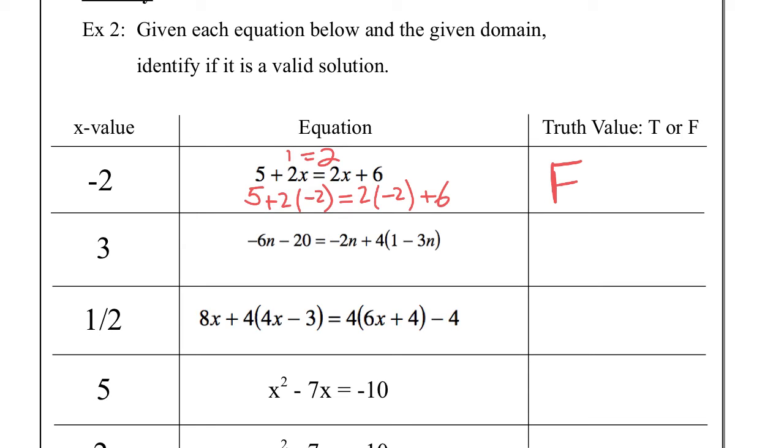For our second equation, I'm going to substitute in a 3. And obviously, we're eventually going to learn how to solve these. This is just identifying whether or not these numbers are solutions. So this is going to be -18 minus 20 is -38.